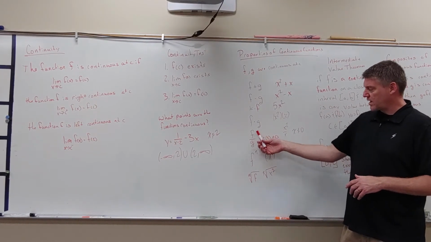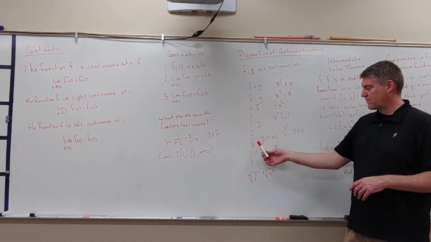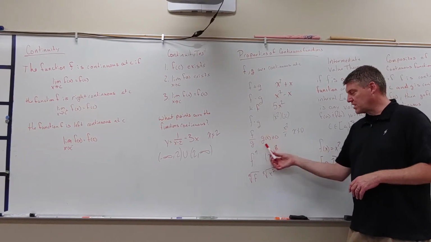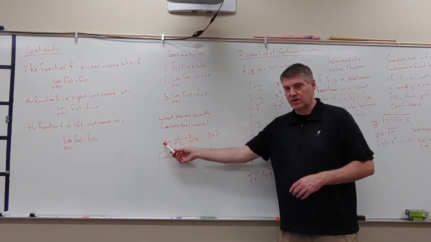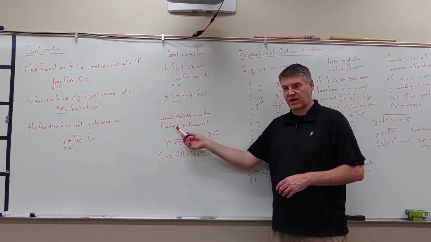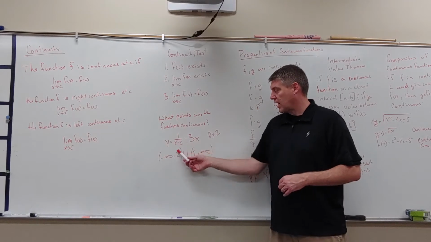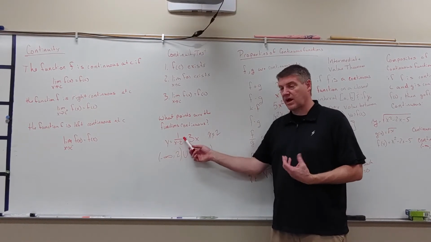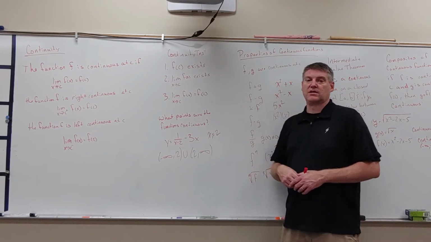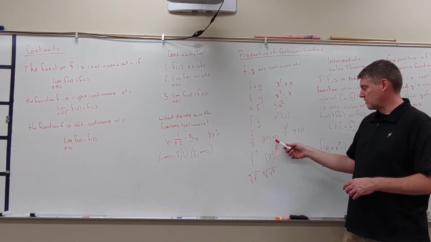Now the quotient, f over g, where g of c does not equal 0, is continuous. So in our example over here, I have 1 as my f of x function, and x minus 2 is my g of x function. So I am continuous everywhere except where g of c equals 0.